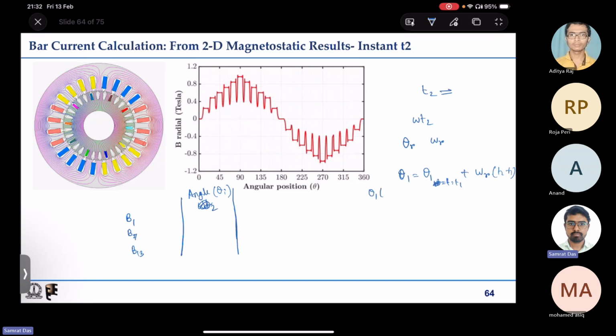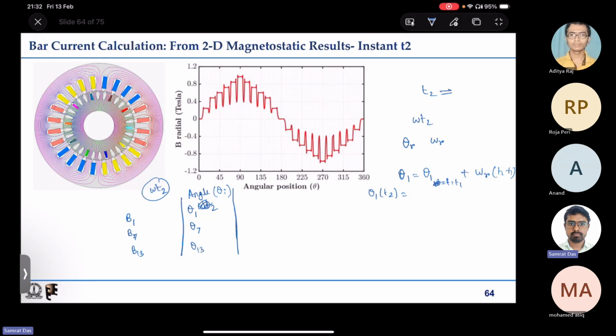Basically theta 1 at t2 is theta 1 at t1 plus omega r into t2 minus t1. So these different theta 1 values at the new instant, omega t2, can be calculated. Similarly b1, b7, b13, all this can be calculated.